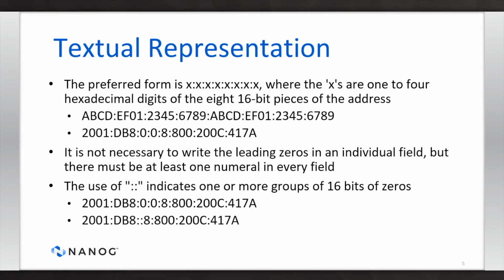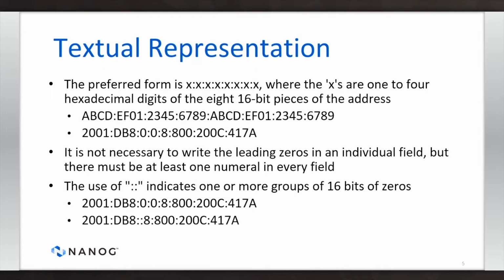ABCD:EF01:2345:6789. What you're seeing here is that between each colon, you're seeing something that represents 16 bits. Each letter represents 4 bits, so the letter A represents 4 bits, so does the letter B, C, D.